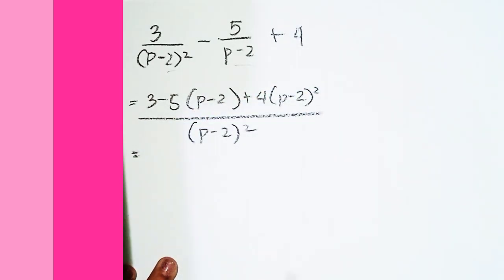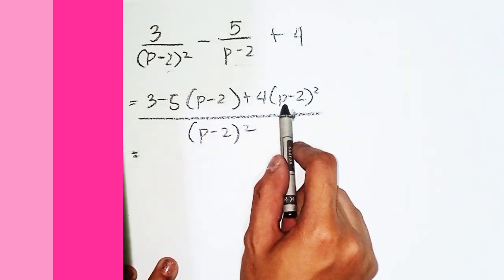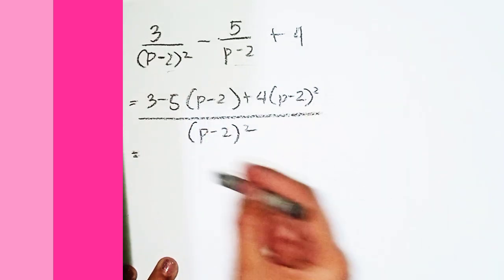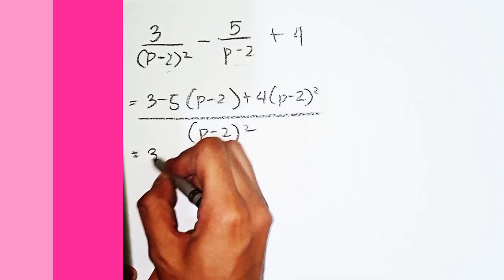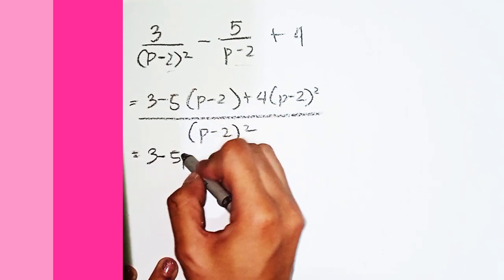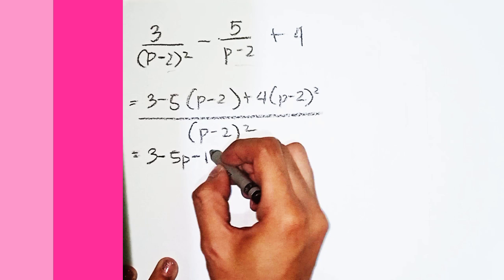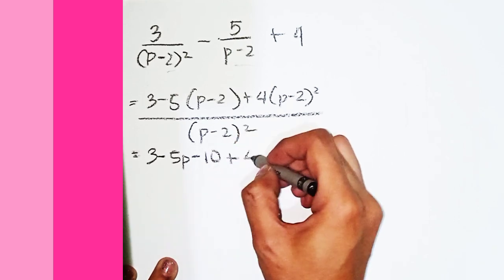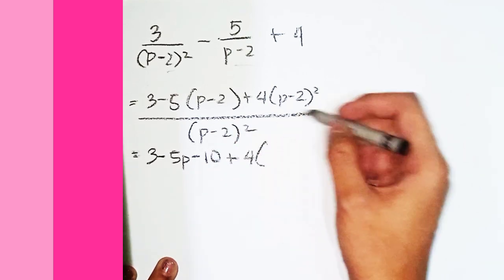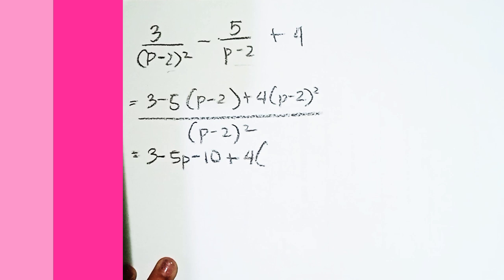Okay. So now we have that they have this LCD of p minus 2 squared. We cannot combine yet, but we should first distribute. Distribute the 5 to the parenthesis. So 5p minus 10, plus 4. That's the special product.